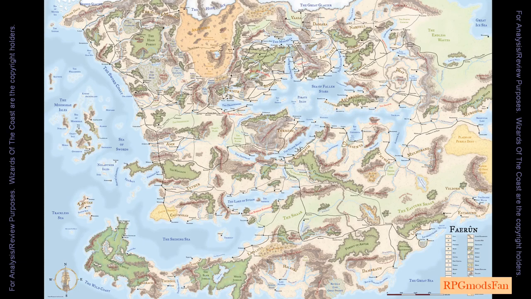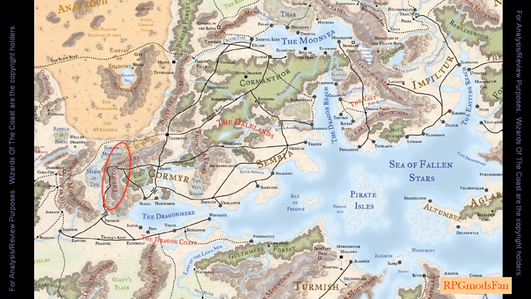In terms of theme and setting, to me, the closest fitting location would be the Stormhorn Mountains to the west of Cormyr, or the Thunder Peaks to the east of Cormyr and south of the Dalelands.